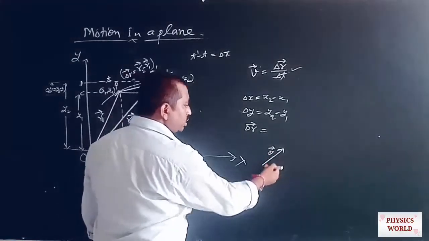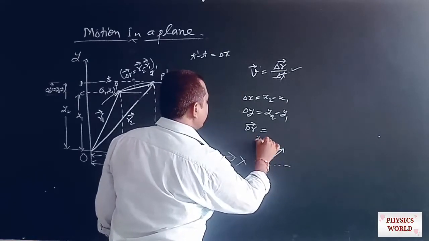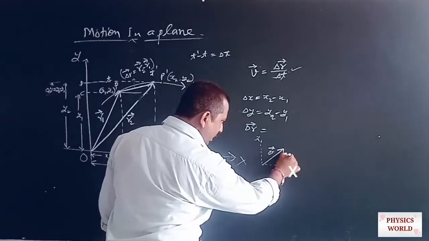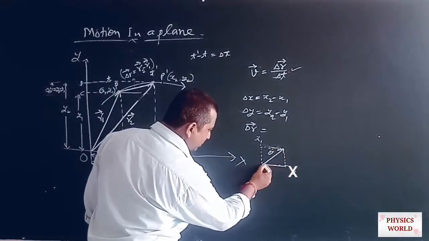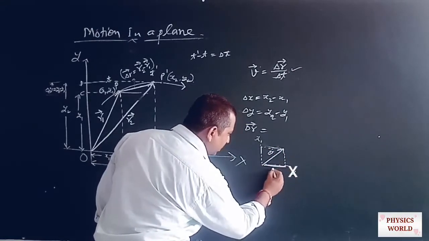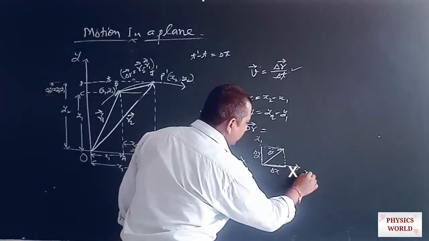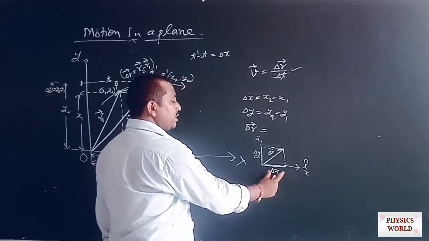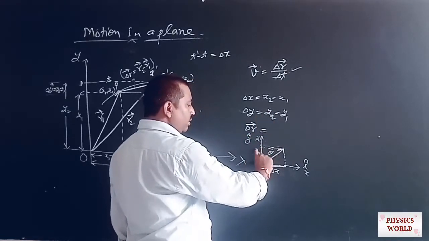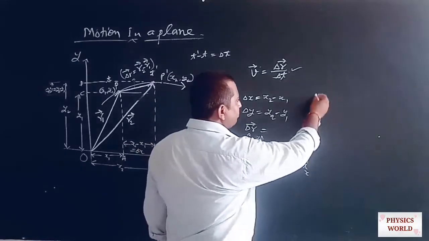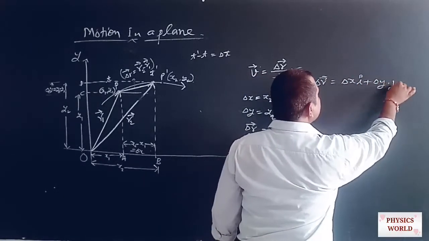If we want to resolve this vector into components along the x and y axes, we draw perpendiculars on the x-axis and y-axis, and we get delta x on the x-axis and delta y on the y-axis. So if the particle goes by a displacement of delta x in the direction of the x-axis and delta y along the y-axis, this vector delta r can be expressed as delta x i cap plus delta y j cap.